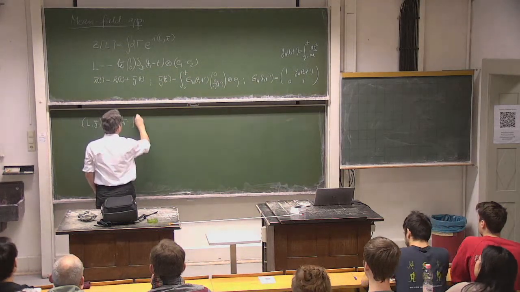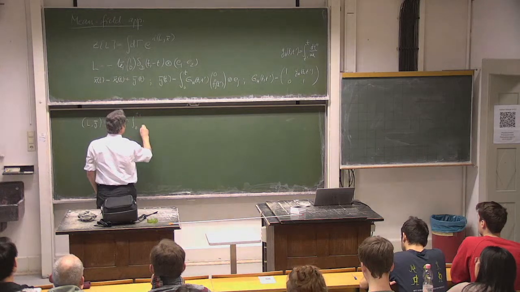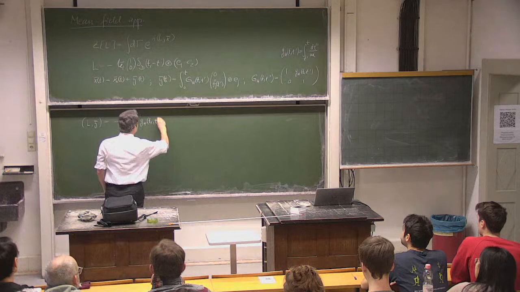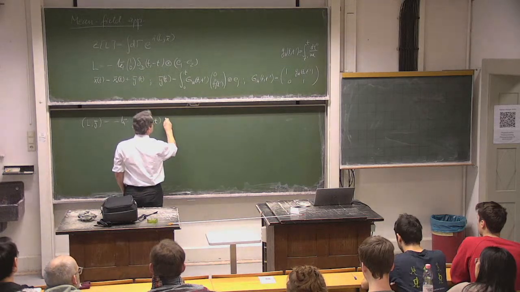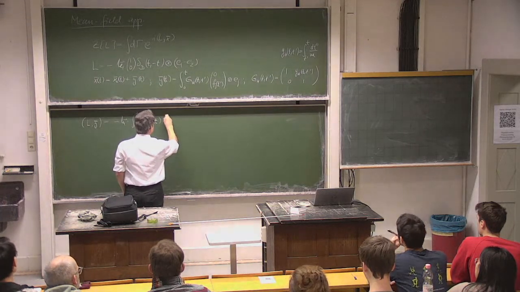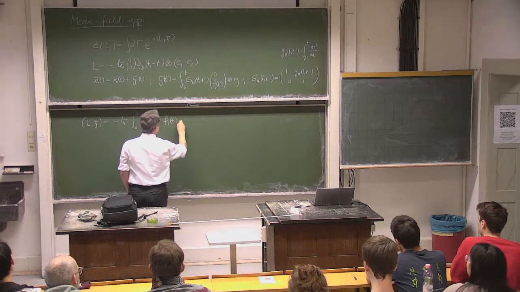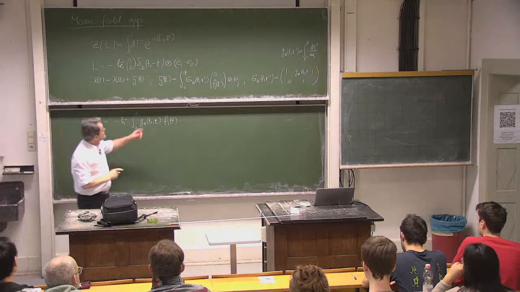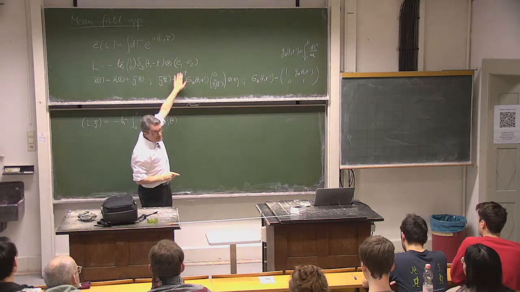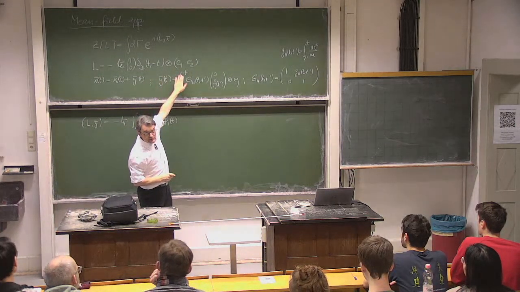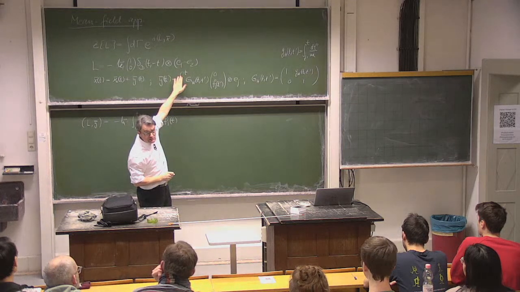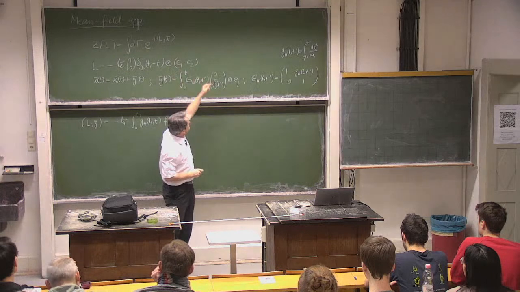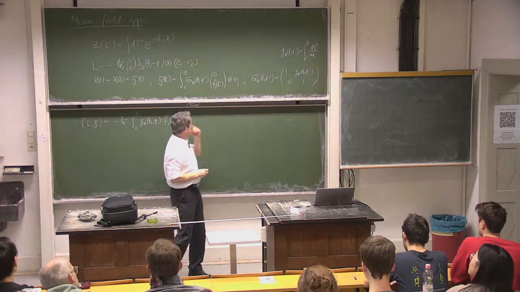So I have this expression here, and now I get two Kronecker deltas from the scalar product of these two unit vectors with this one.